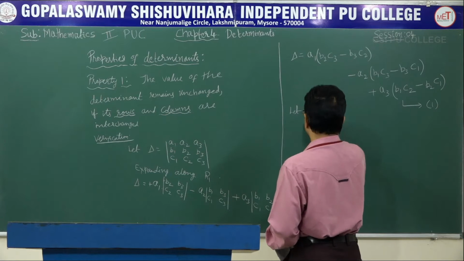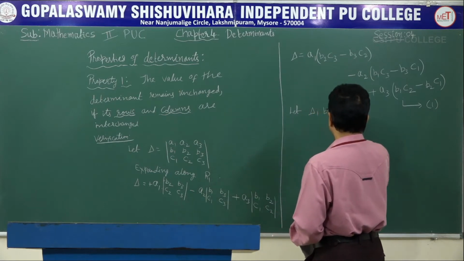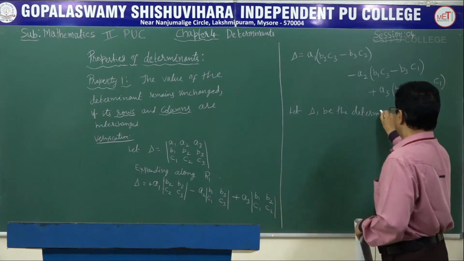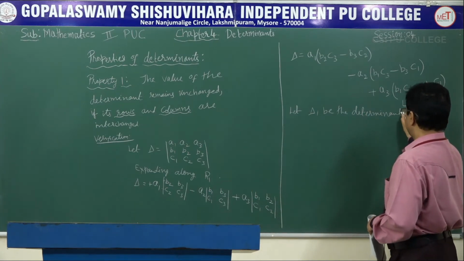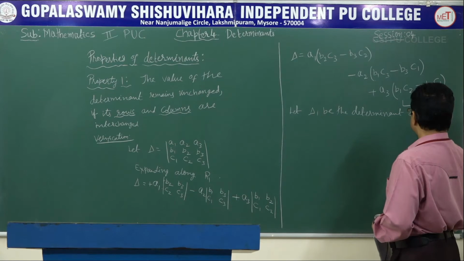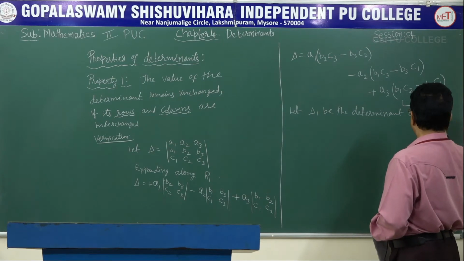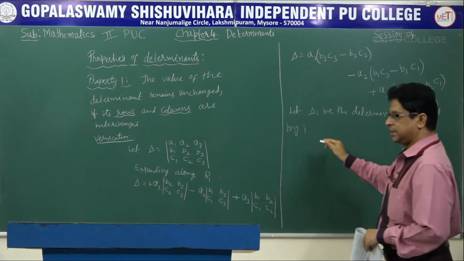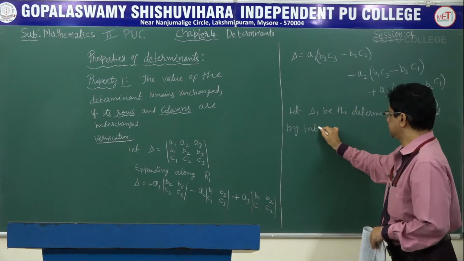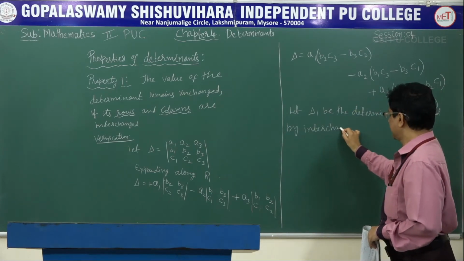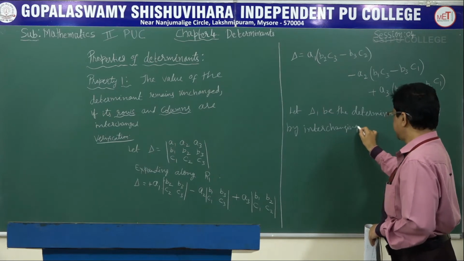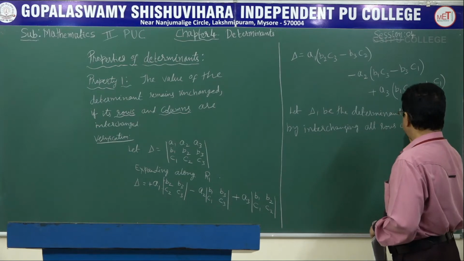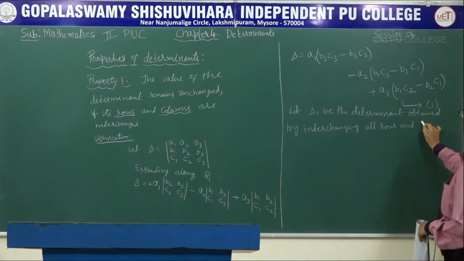Let delta 1 be the determinant obtained by interchanging all rows and columns.